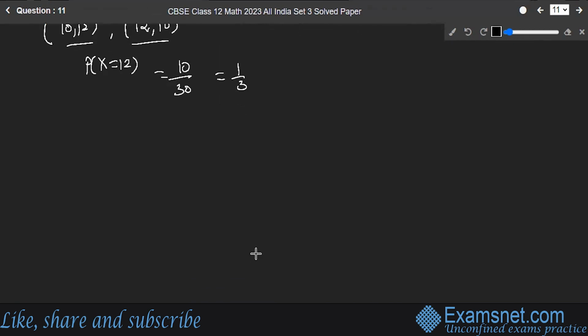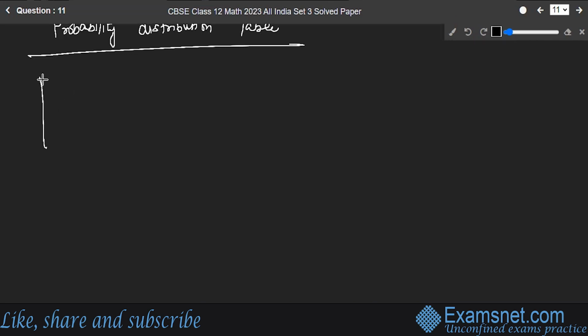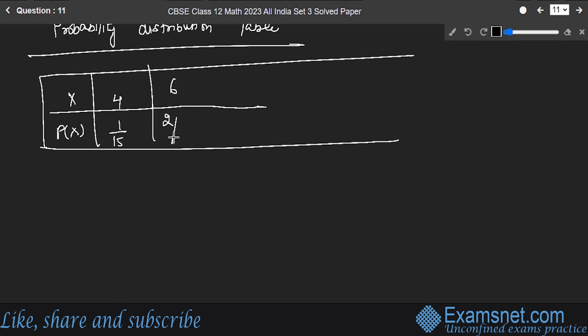Okay, now let's make the probability distribution table. So here is x, here is p(x). For x equal to 4, you have 1 by 15. For 6, you have 2 by 15.